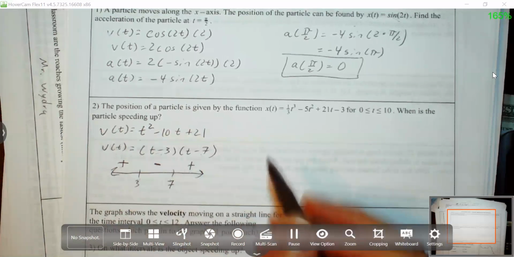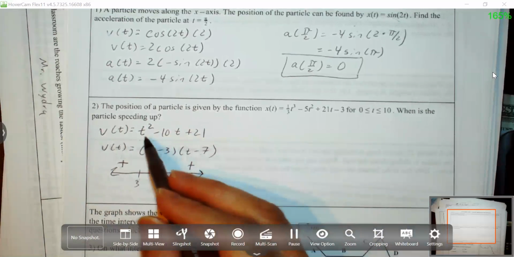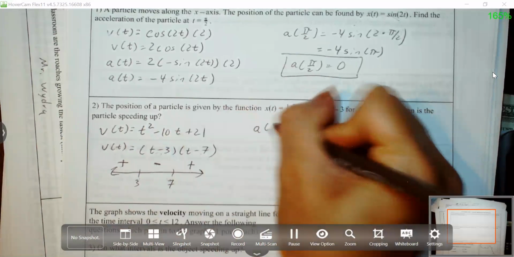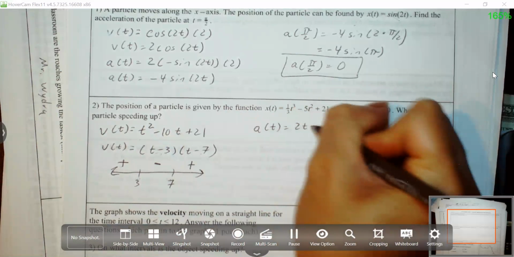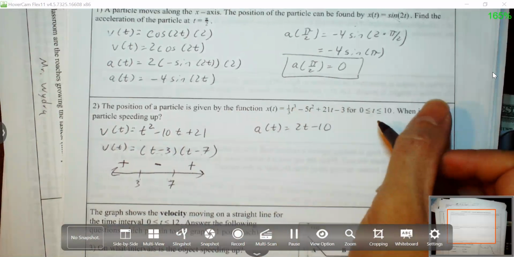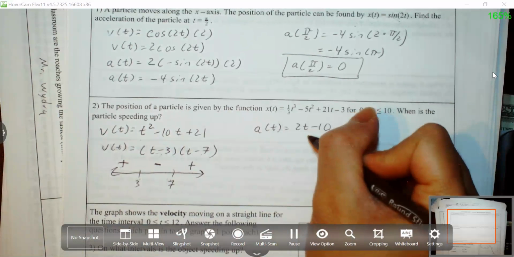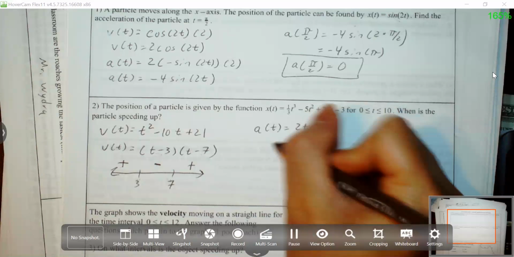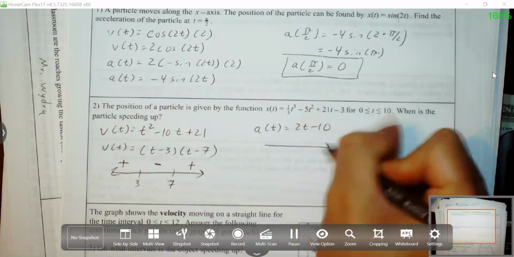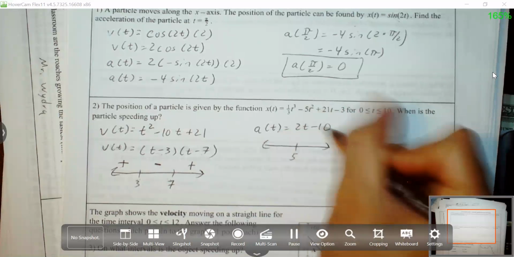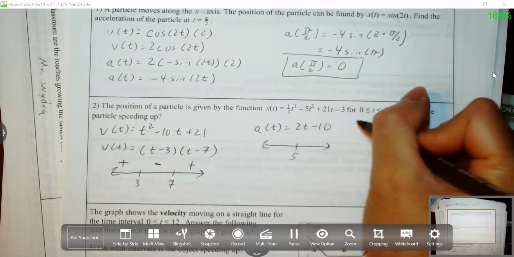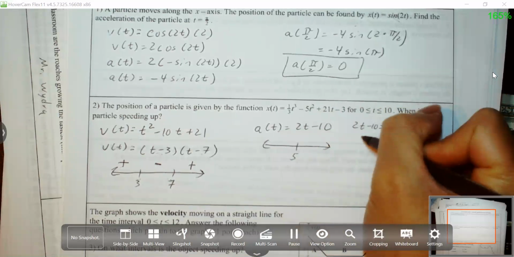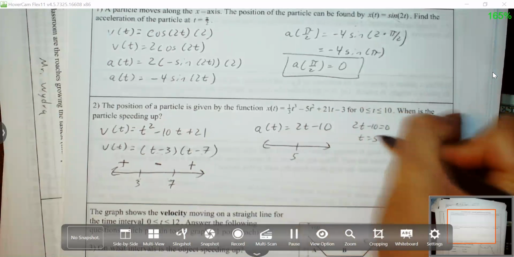Okay, so now let's go ahead and find acceleration. We have to take the derivative of velocity. That's 2t minus 10. And this should be fairly simple. I know that this is going to be equal to 0 at 5, because when 2t minus 10 is equal to 0, then t is equal to 5.